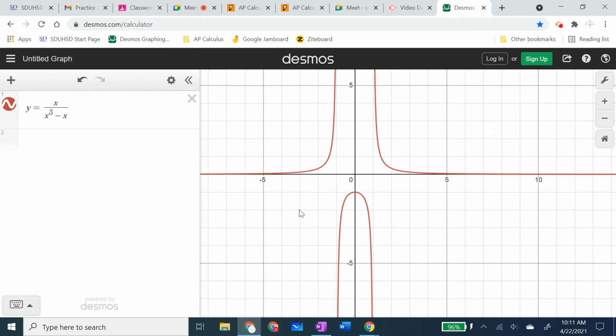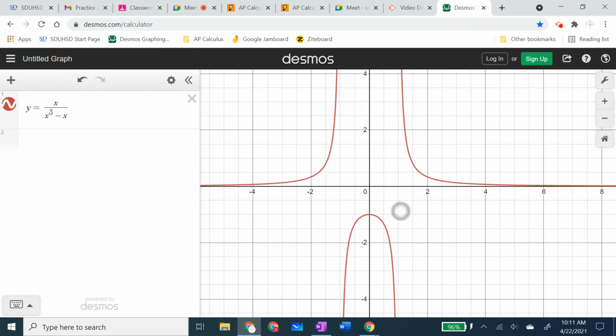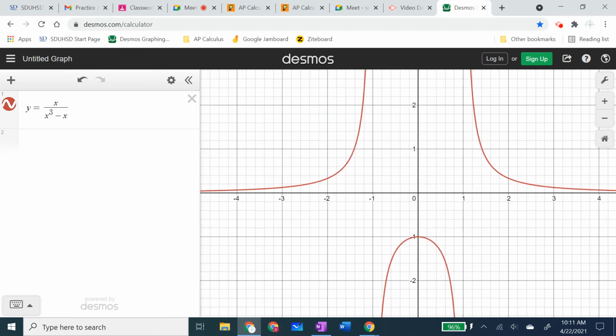And we have been working with rational functions. So there's some things I want to point out to you that we know about what this graph should look like. Do you see the numerator degree is less than denominator degree? If that happens, the horizontal asymptote is 0.